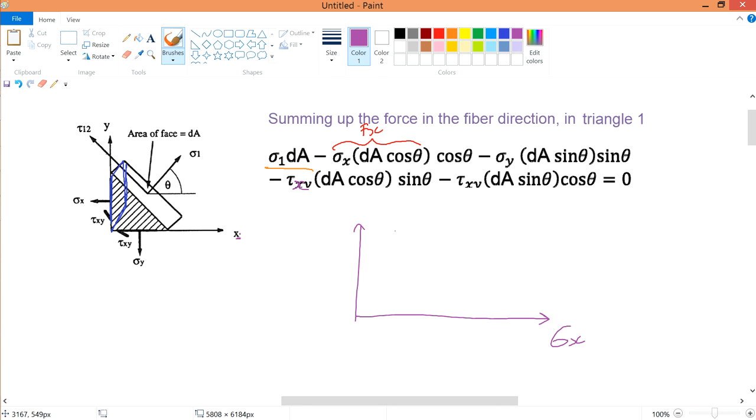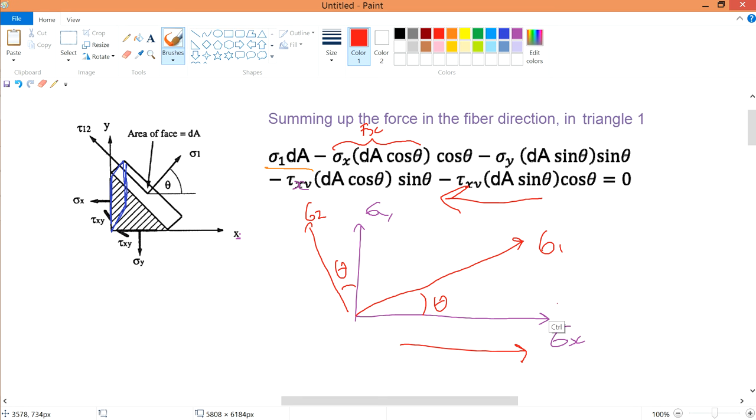So this is the sigma x, sigma y again. And then we will have, maybe I should use a different color, sigma 1. This is your sigma 1, this is your sigma 2, this is the angle, this is the angle also. So there will be a shear xy. Shear xy means shearing in this direction. Am I right? Because there are two shear xy over here, the shearing is the same in the direction.